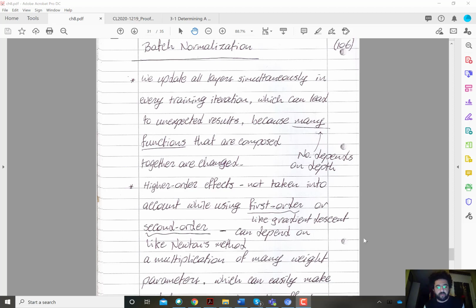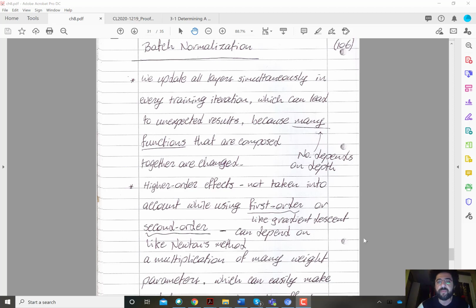So the problem is the following. I have, let's say, a 10-layer network. I do the forward propagation, I compute the loss, and then I compute the gradient of the loss with respect to each parameter. Now, this gradient is computed assuming that the other parameters are fixed.